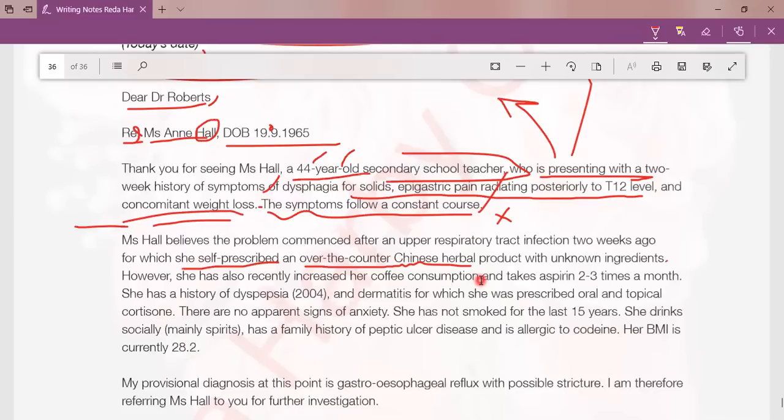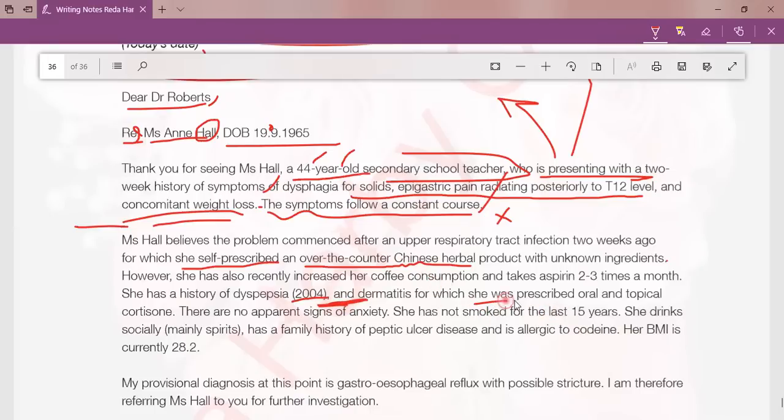Okay. She has a history of dyspepsia. Okay, dates are written here, no problem. This is like an abbreviation. After, before and informality, try to involve a comma. And dermatitis for which she was prescribed.